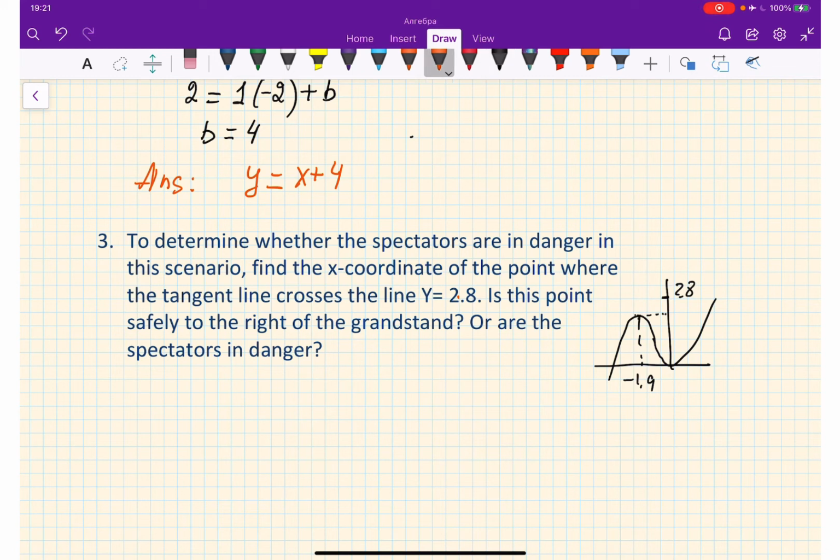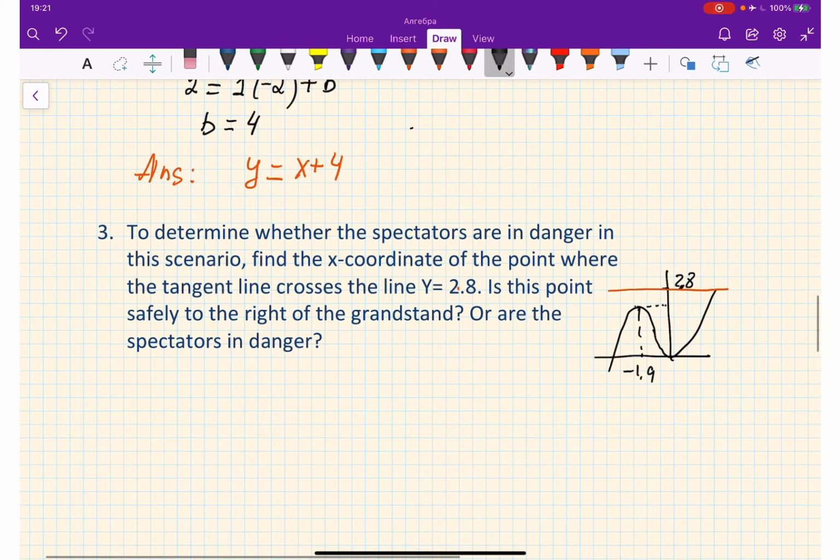So we need to know if it's crossing, so at the moment it crosses this y is equal to 2.8, it's going to be in danger. Is this point safely to the right of the grandstand, or are the spectators in danger? So let's figure it out.